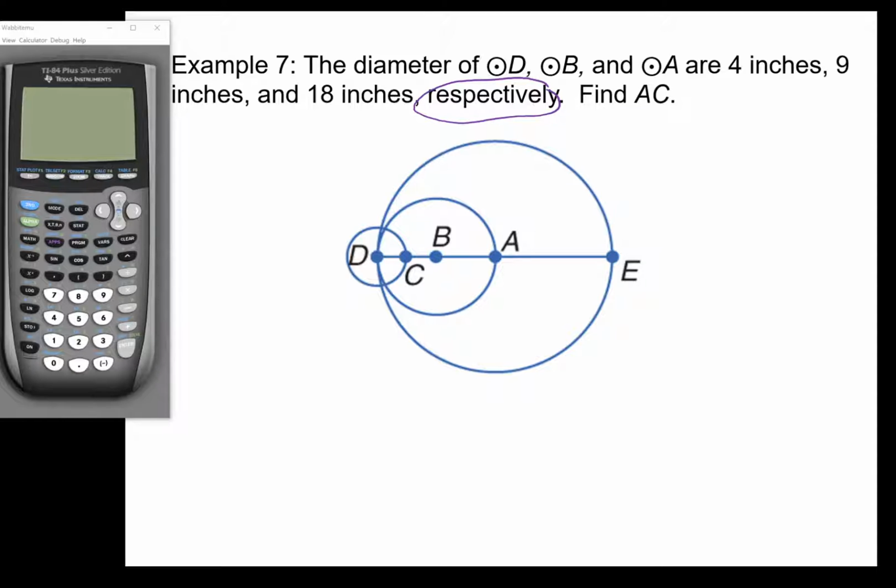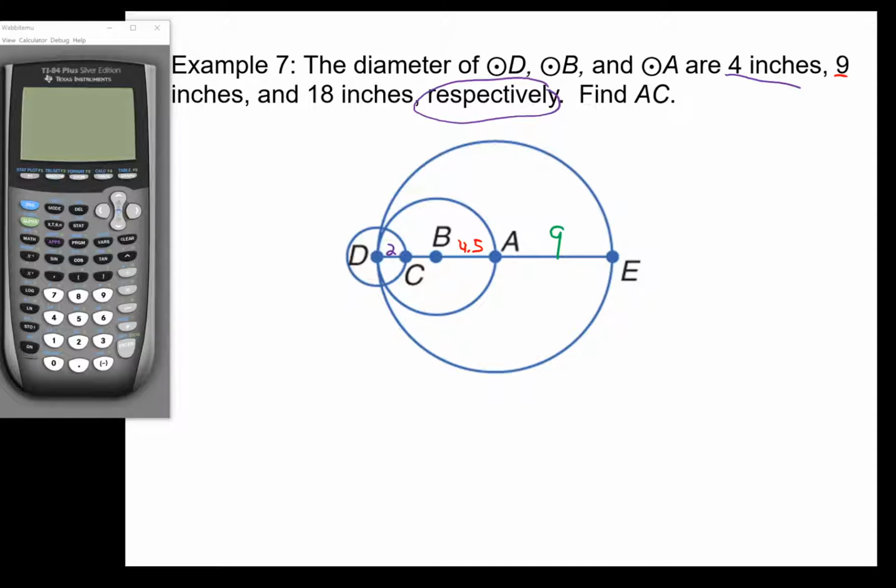Those are diameters, which means that circle D with a diameter of 4 gets a radius of 2. Circle B has a diameter of 9, therefore it gets 4.5 from B to A. And circle A has a diameter of 18, therefore my radius is 9, so AE is 9.